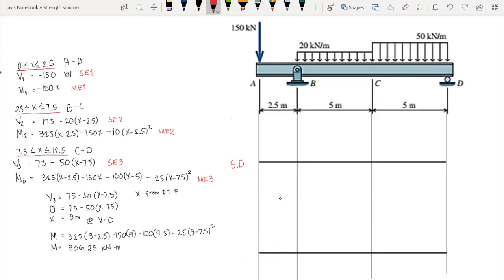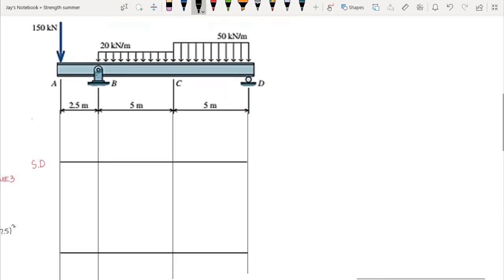Now, let's start from the leftmost side, that is at point A. We know that at point A, x is equal to 0. In between A to B, we have our shear equation, this one. At x equal to 0, our shear is equal to negative 150.